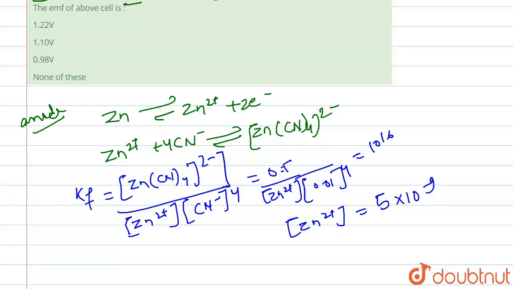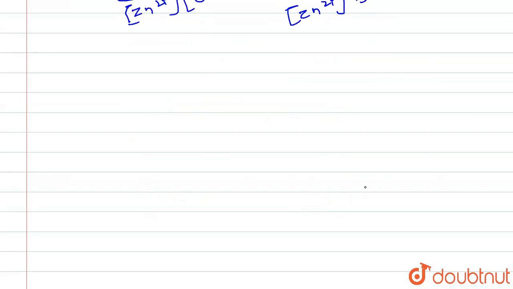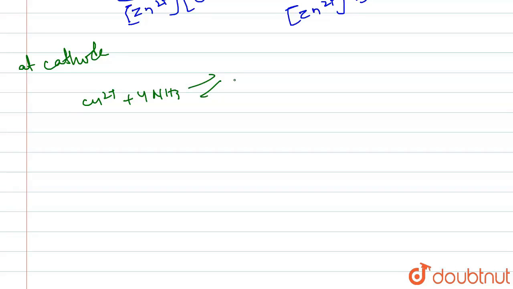Let us move to our second reaction, which will be at the cathode. It will be Cu2+ combined with 4NH3, plus 4NH3, and this will make the Cu(NH3)4 2+ complex.